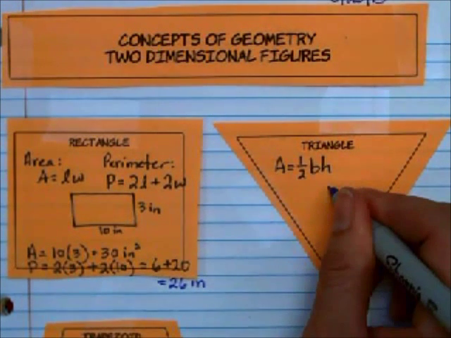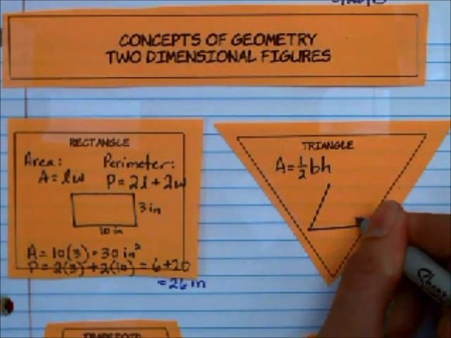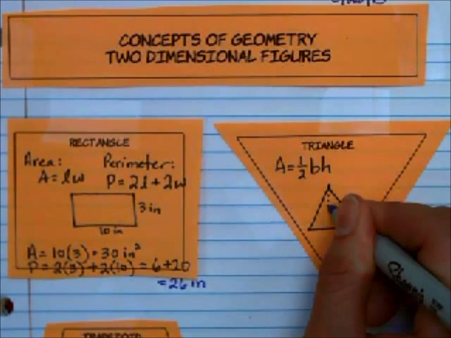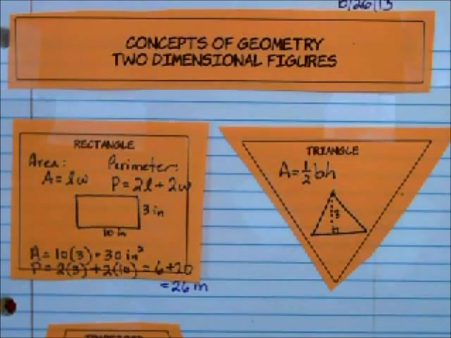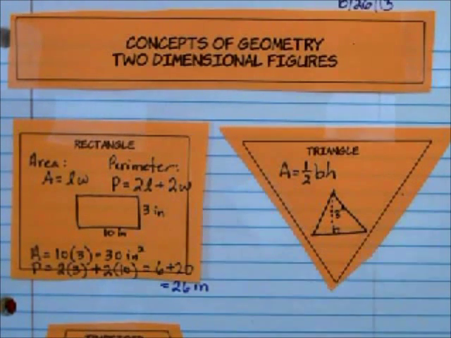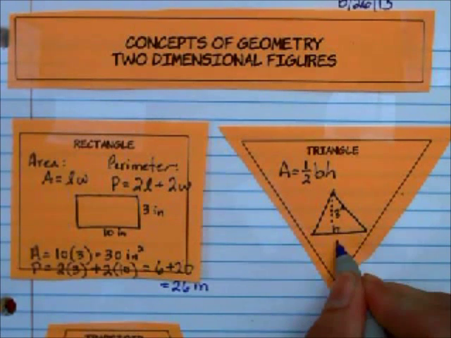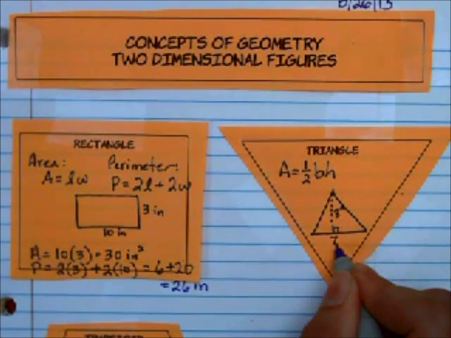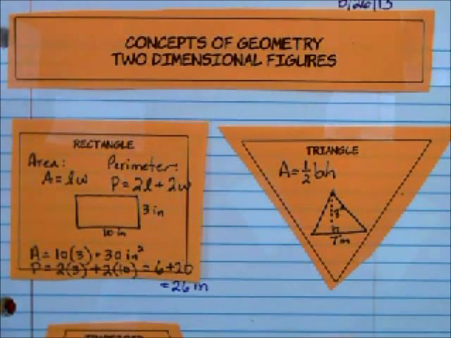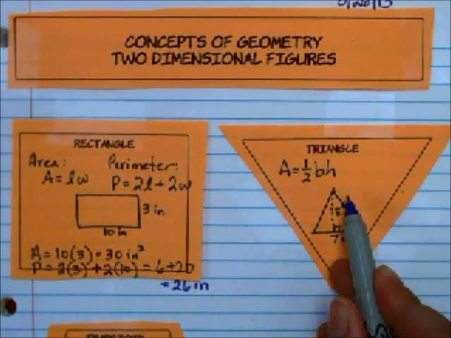So we're going to draw a triangle in here and go ahead and make the height. We'll call the height 3 units. How about we call those inches? And the base here we're going to call, how about 7 inches? All right, so we have a base of 7 and a height of 3.